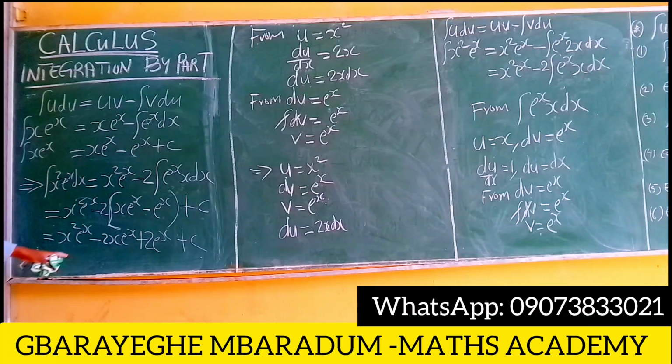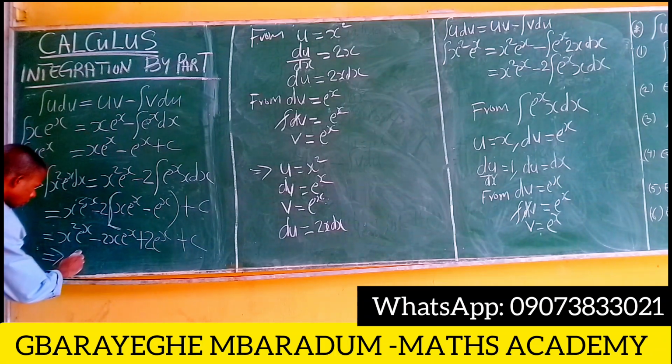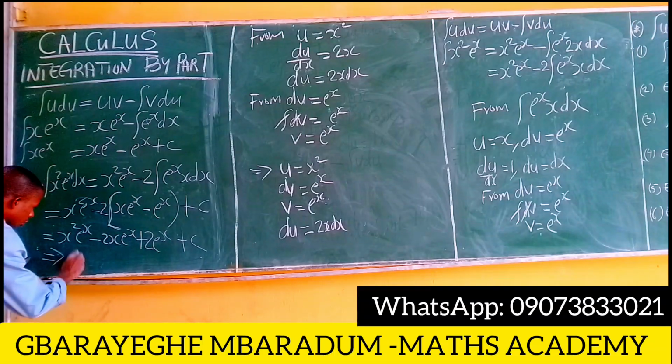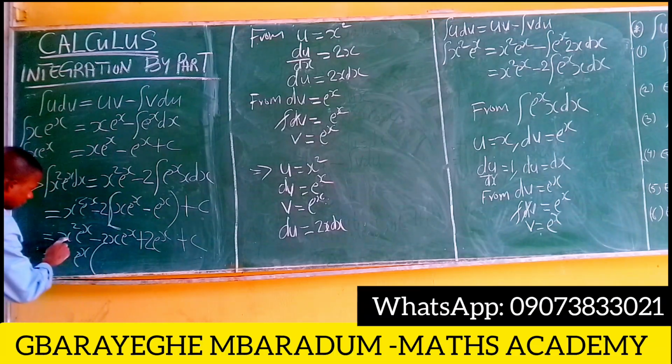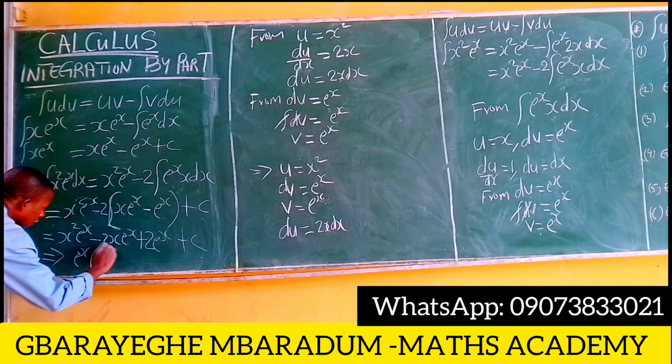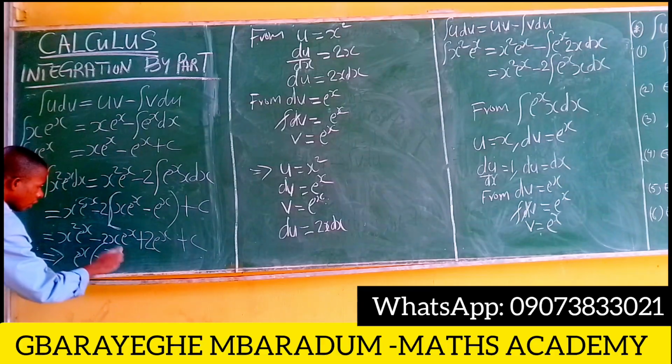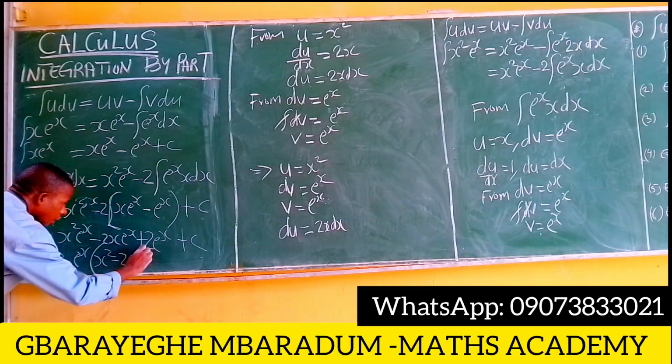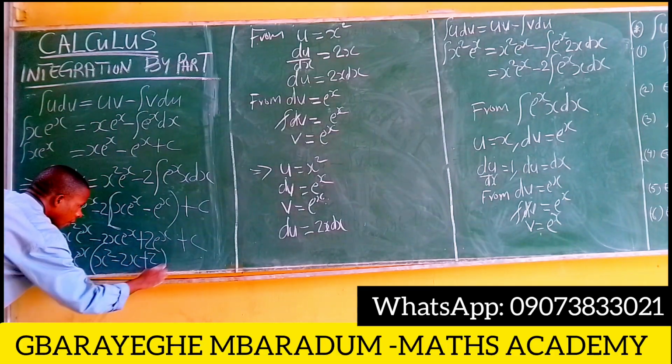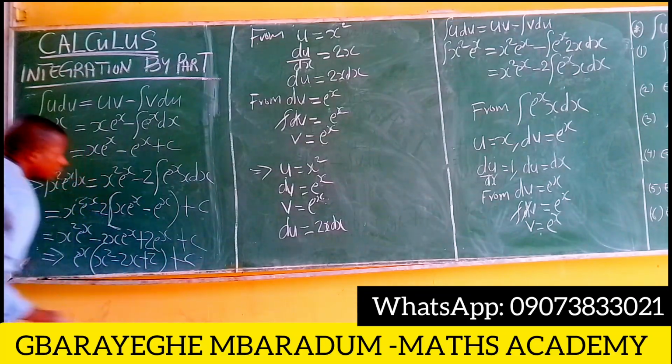Since exponential x is common in these expressions, we factor out exponential x. So this implies that we have exponential x outside the bracket, x squared minus 2x plus 2, plus our constant of integration.